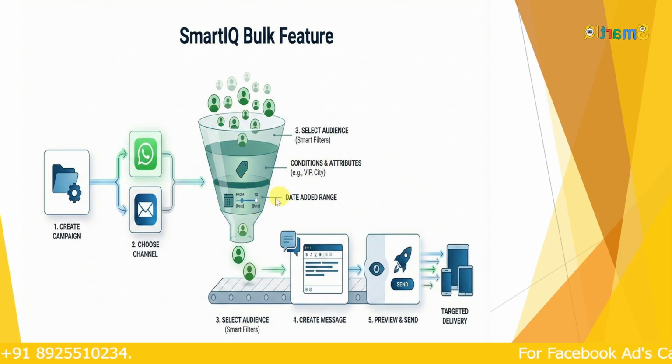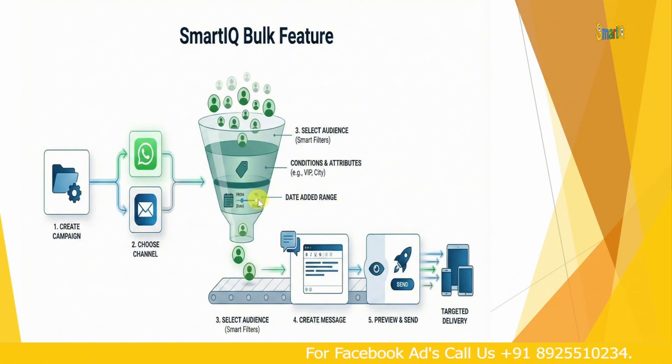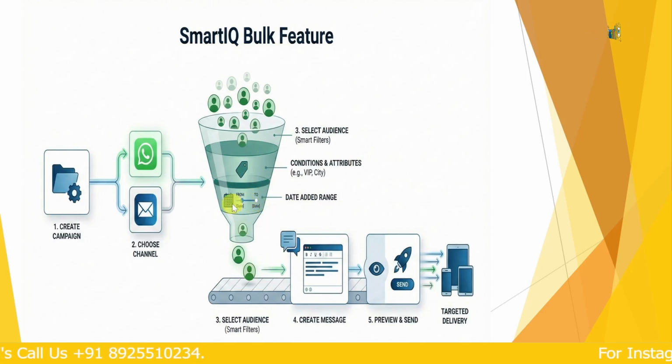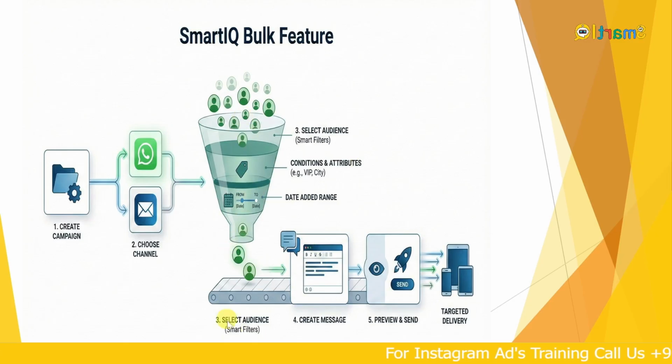You can also filter by date range. That is, from this date to that date, you can filter and pick all the customers who joined during that period. So, based on conditions and dates, we can filter and select. You can even add one or more conditions to filter your customers. So, this is what select audience means. Using smart filters, we are choosing our audience.